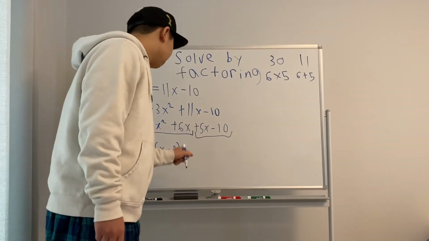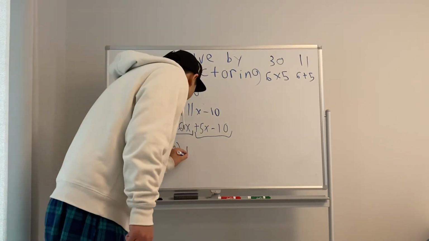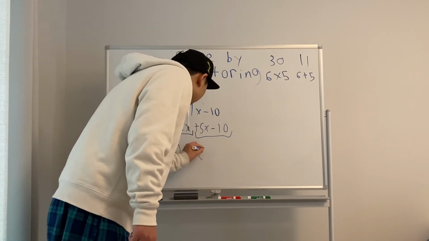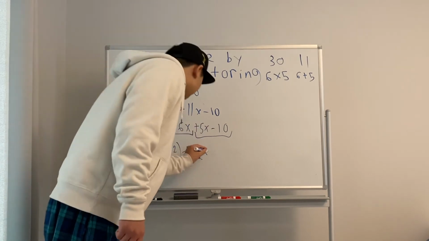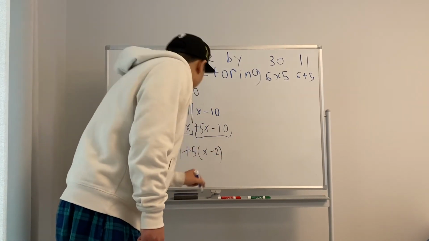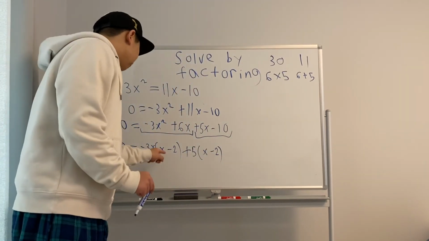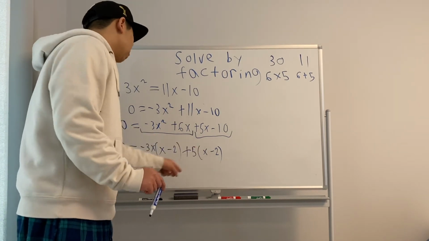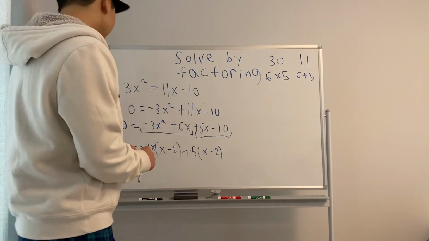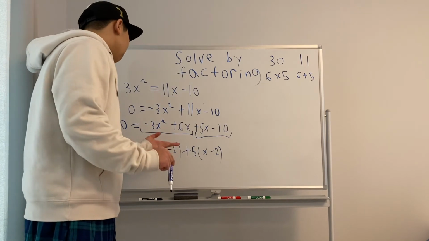Now we factor out 5 here. So 5x, negative 10 divided by 5 is negative 2. If you're right, these two expressions in the brackets are the same, and we know they are the same. So now we can factor out the x minus 2.